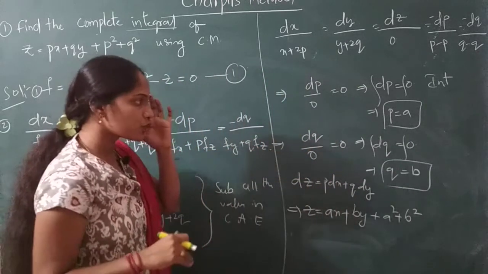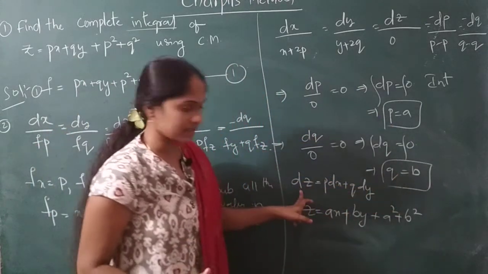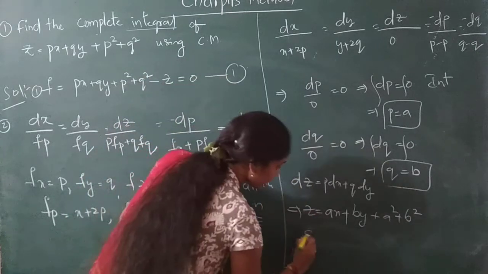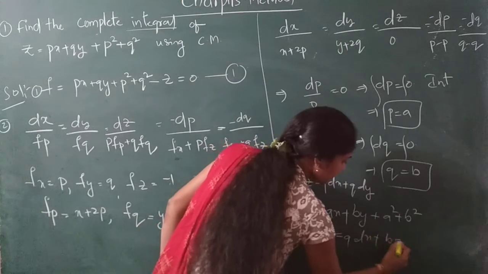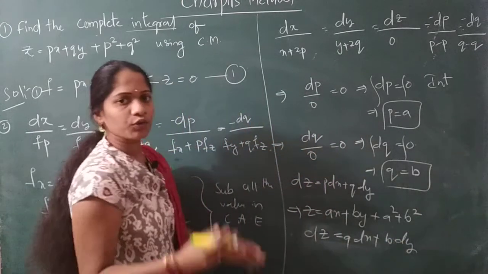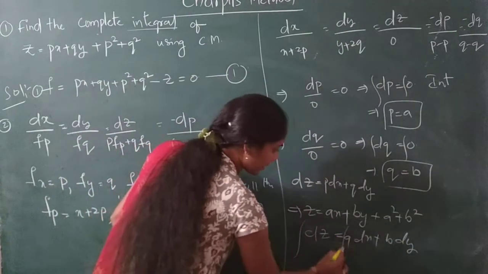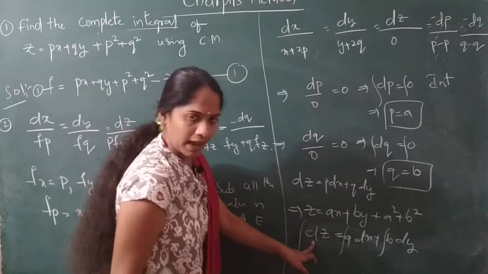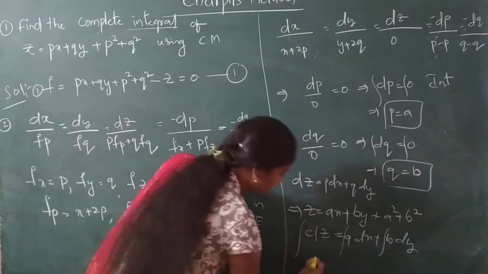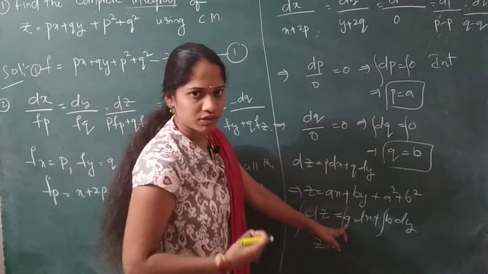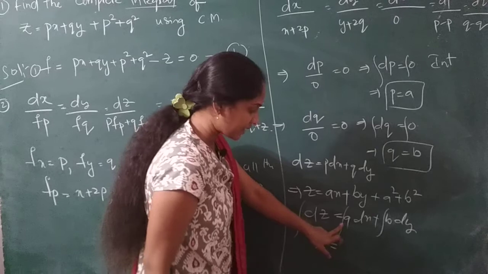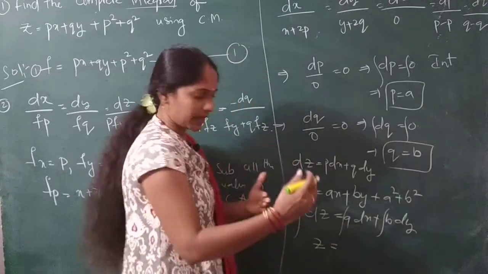Otherwise, if you substitute the p, q values in this equation, let's see what happens. That is dz is equal to a dx plus b dy, right? Now you have to integrate. After integrating, differentiation and integration cancel. So z is equal to, here a is a constant, you take a outside, and after integration of dx it gives ax, right?